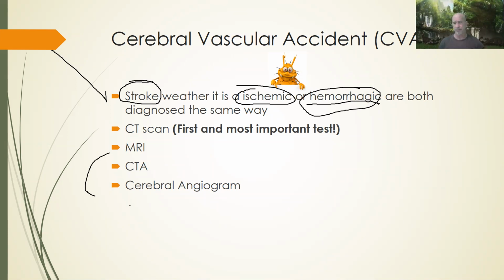So if you admit a stroke patient to your floor, you want to take a careful look at that. Make sure that they're on swallow precautions or that they have been evaluated for their swallow reflex. And usually it's the speech therapist that does this. She will do an evaluation on the patient and determine at what level they can swallow.